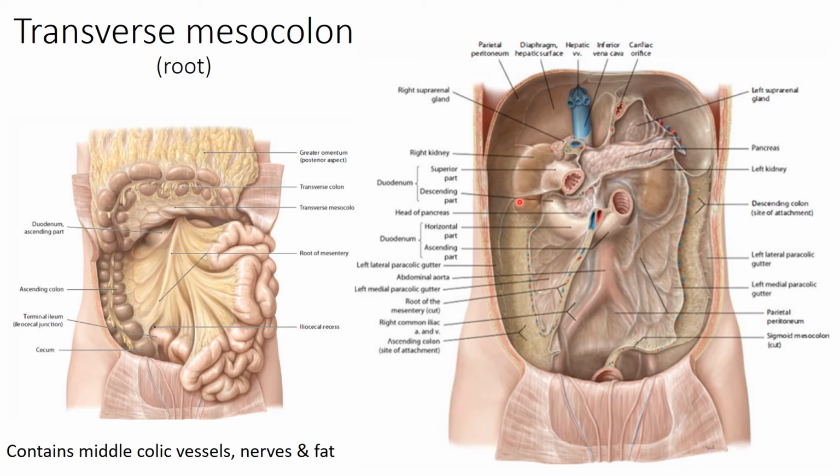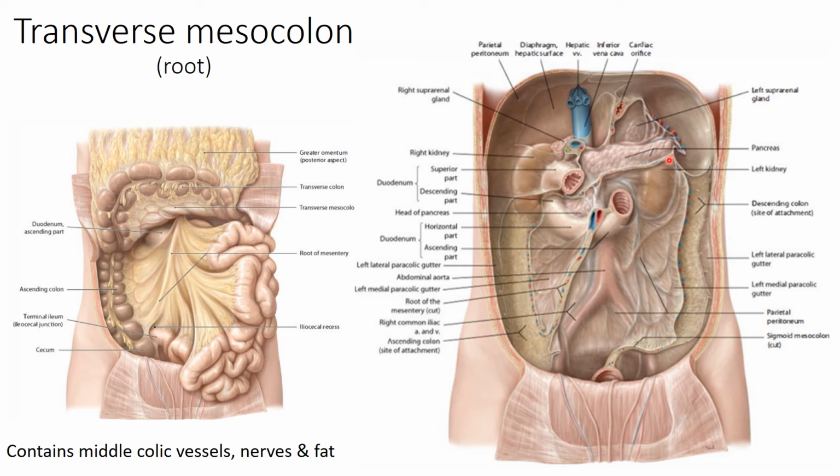Now at both the extremes, at the hepatic flexure, it gives a peritoneal reflection to the second part of the duodenum, and this portion is known as the duodenocolic ligament.